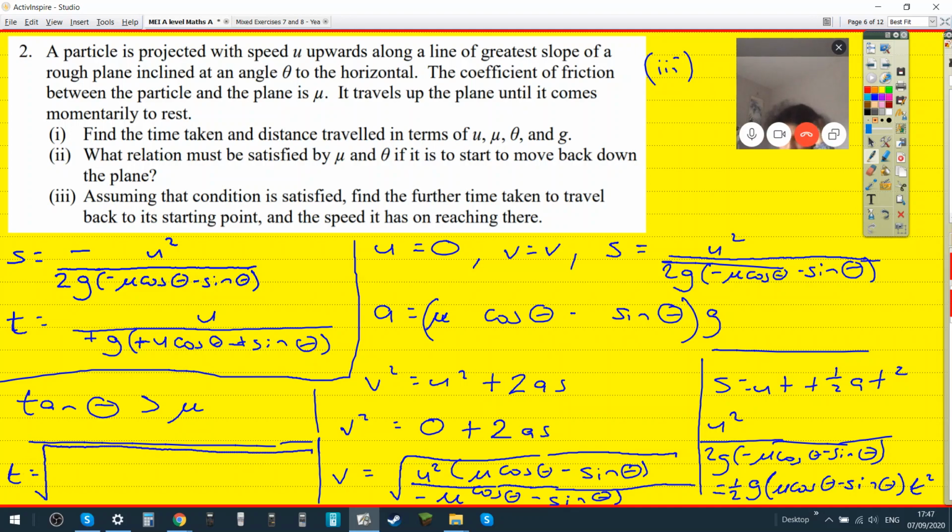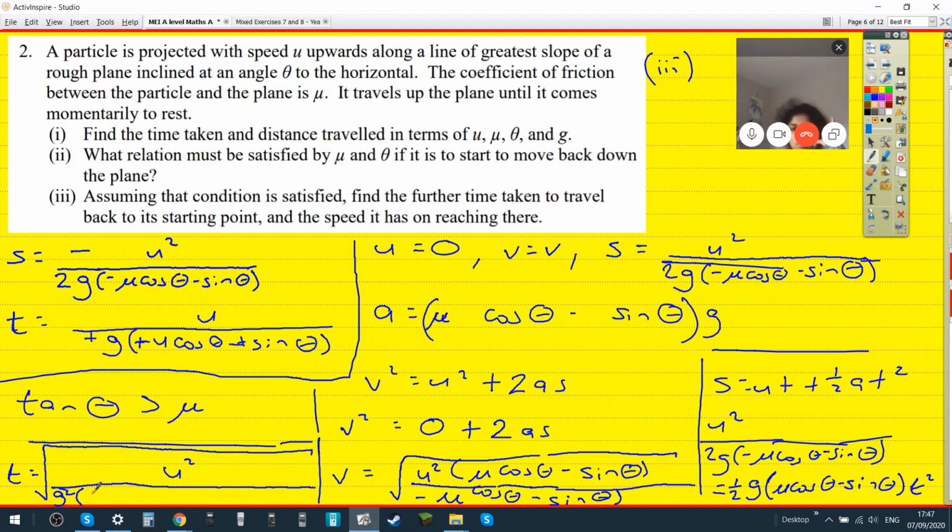So that would be 2u squared. I think just put u squared on the top and then everything else on the bottom. So the 2s can cancel each other out. That'll simplify, because when you divide by g mu cos theta minus sine theta over 2, then you have to flip it.